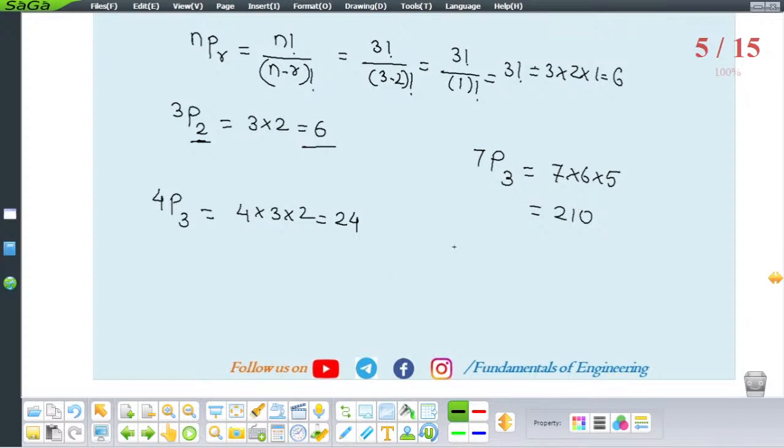Now tell me the answer for this one, 8P4.